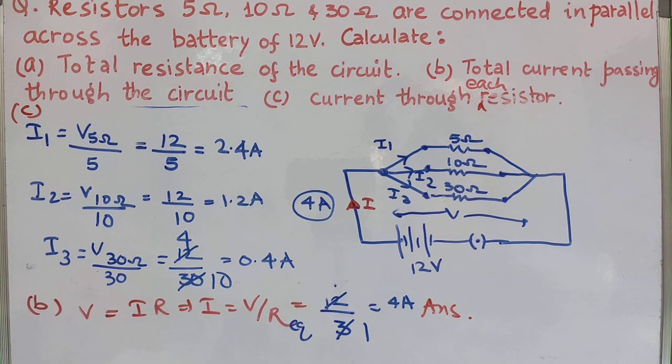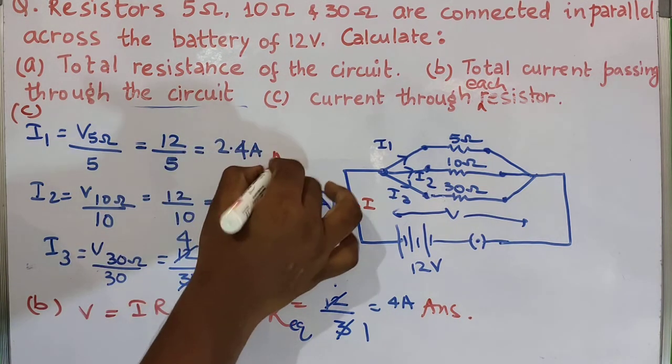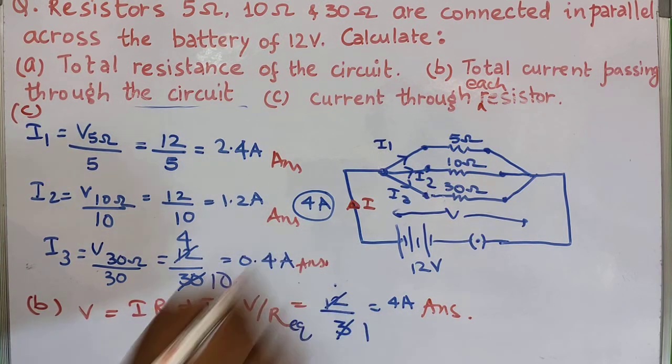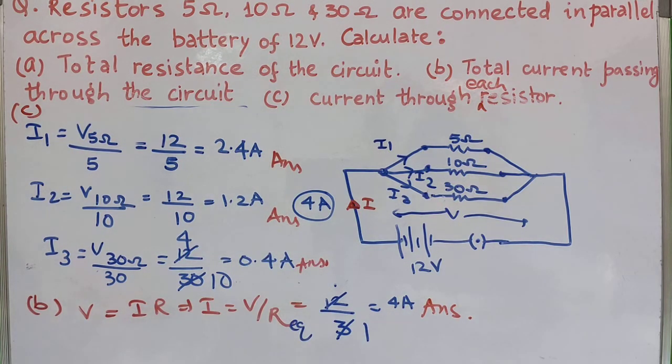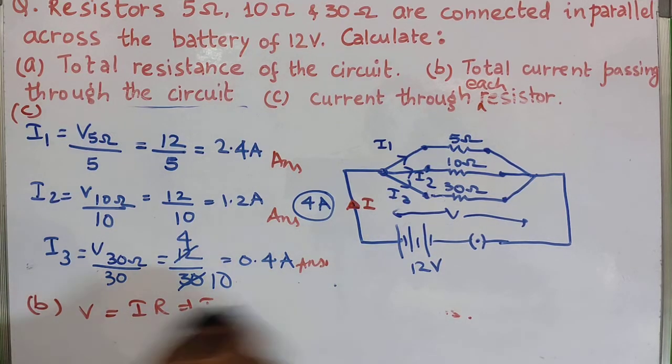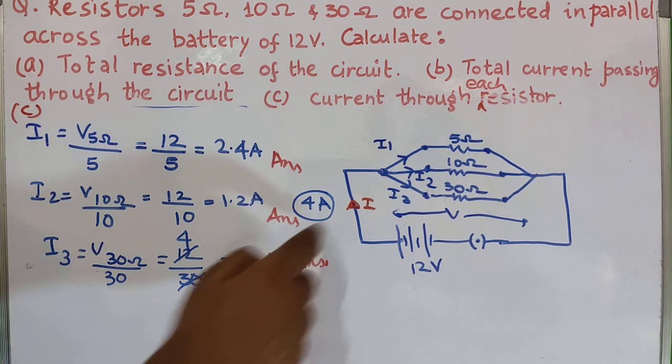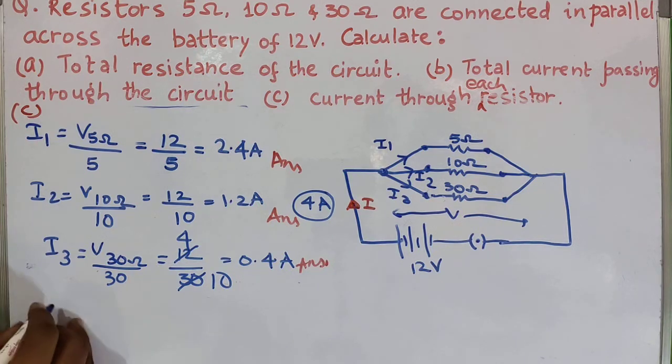So these are the individual currents I1, I2, I3. If you have done the calculations correctly, the sum of I1, I2, I3 should be equal to 4 amps, which is the current passing through the circuit. Let's check, just to see whether we have done it right or not.